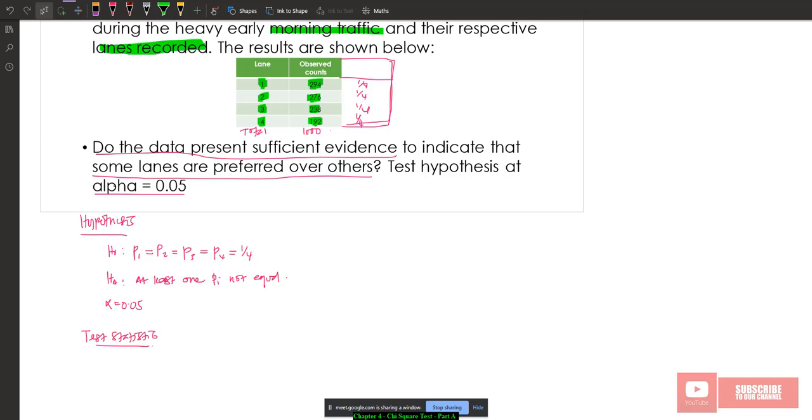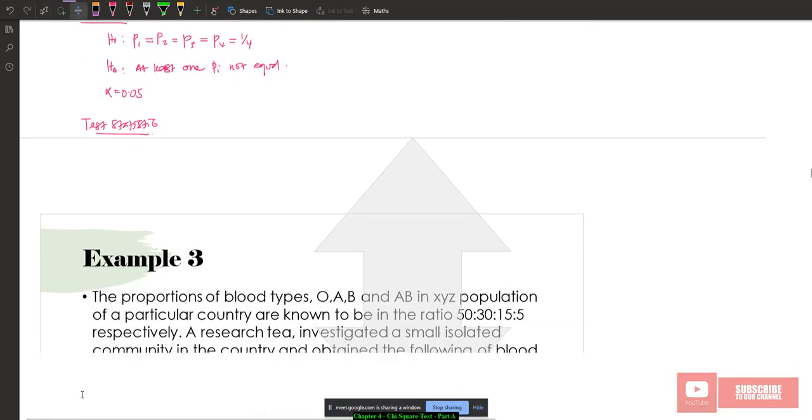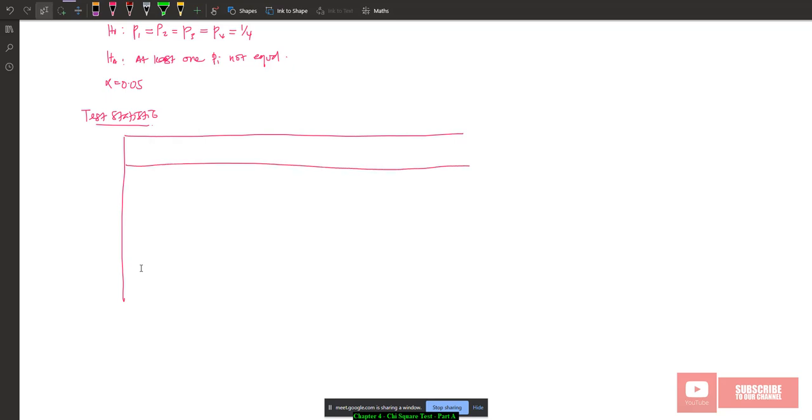Since we have 4 lanes, k equals 4. This is a multinomial experiment. The next step is to create a table, since we are going to calculate the goodness of fit value and the chi-squared value.